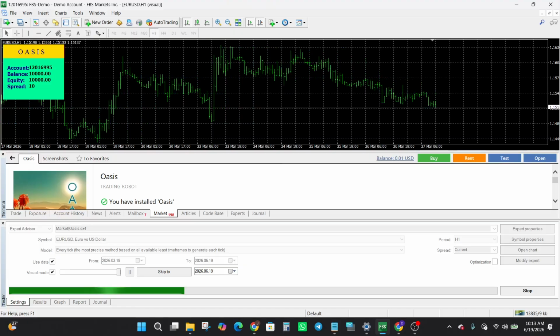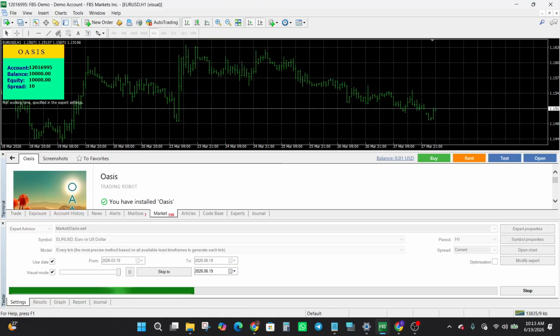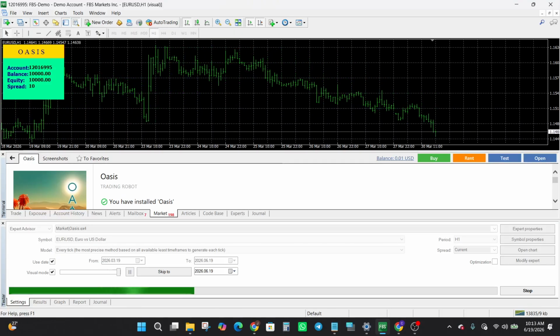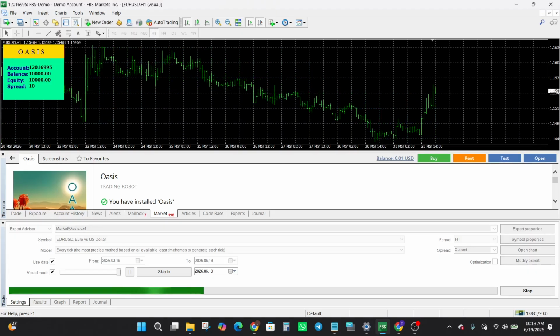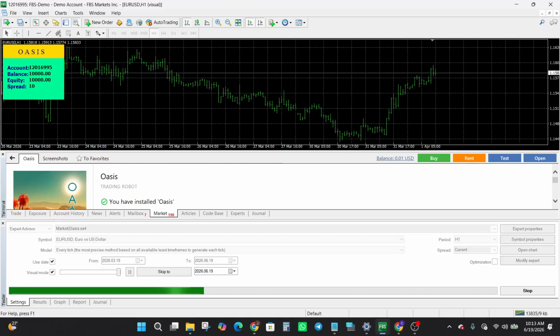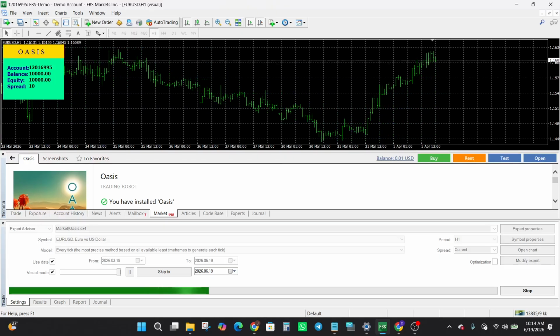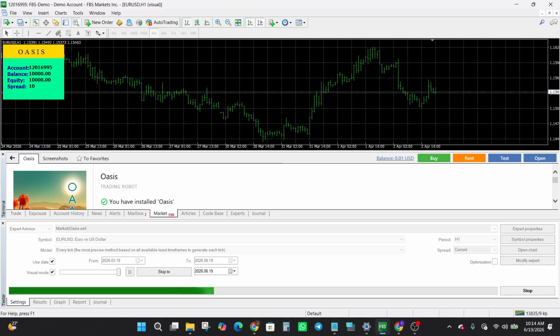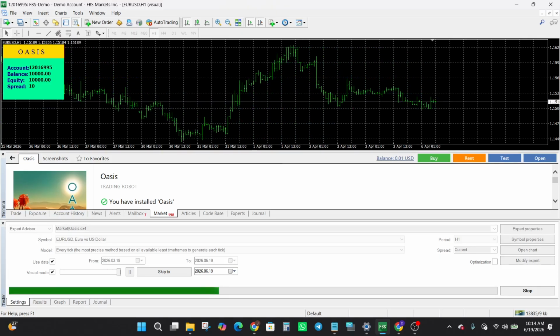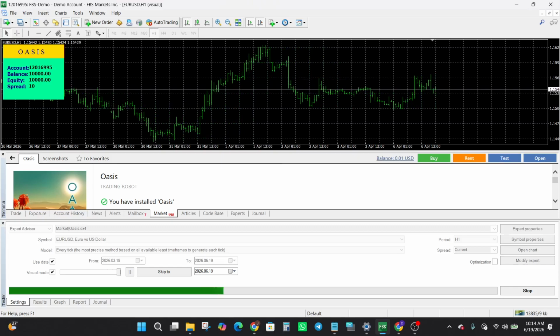Rather than focusing on individual trades, I prefer evaluating overall consistency, trade management, and how the system responded to changing market conditions throughout the testing period. I'll still recommend running longer term testing yourself as well so that you can get a more comprehensive understanding of how the EA behaves across different market conditions.